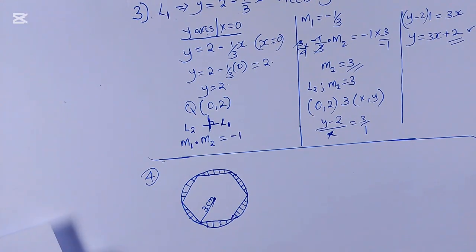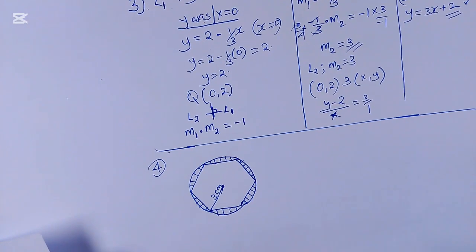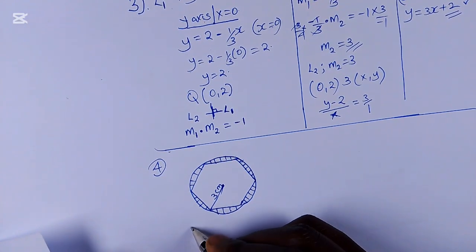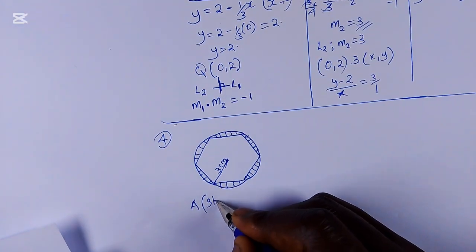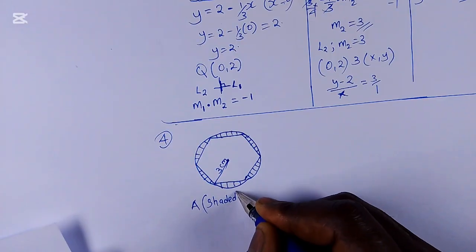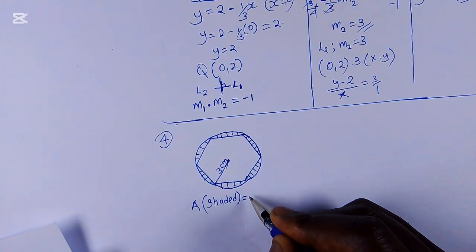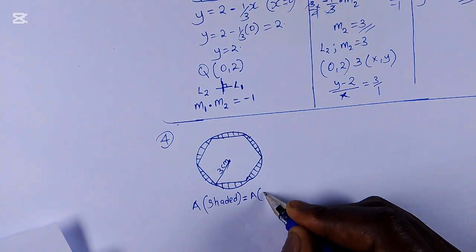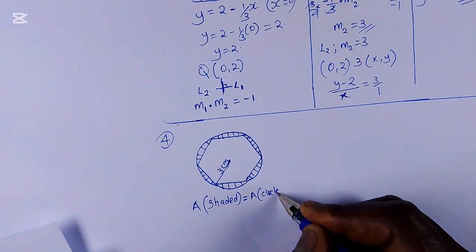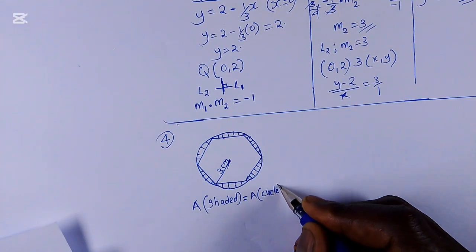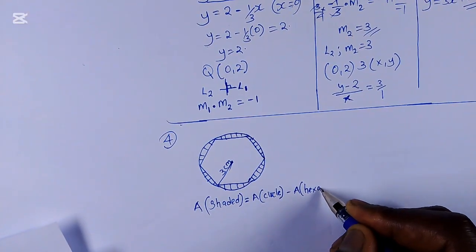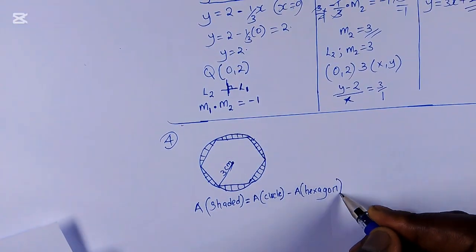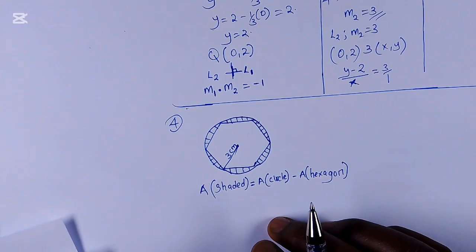The easiest way to solve this question is to first determine the area of the circle. So the area of the shaded region will be the area of the circle minus the area of the hexagon.